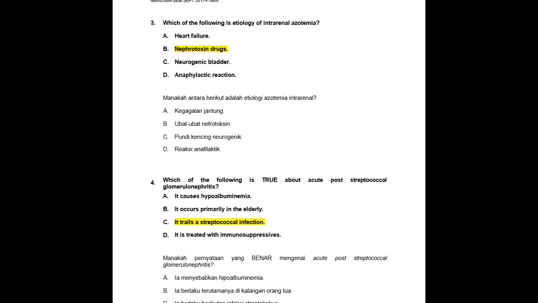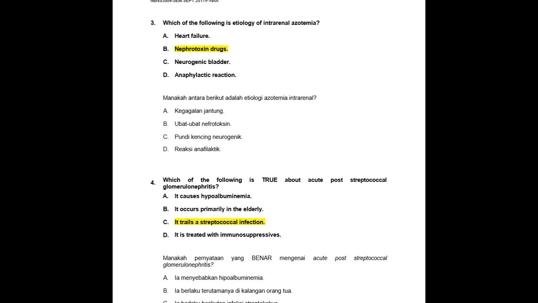When there is heart failure, kidney failure can occur, but it's not the intrarenal etiology. Intrarenal etiology means a reason within the kidney. So heart failure is an extrarenal cause for azotemia.